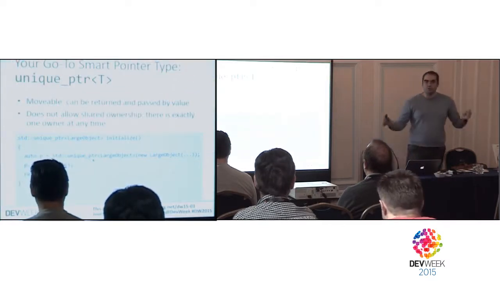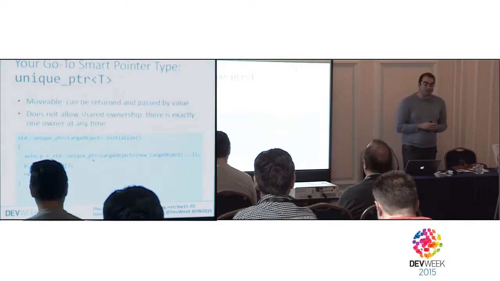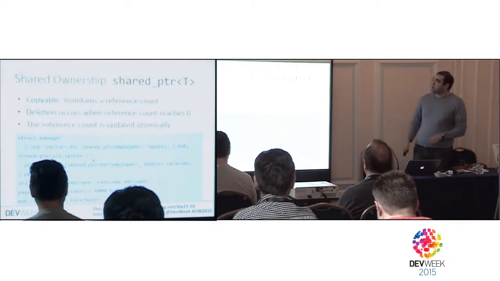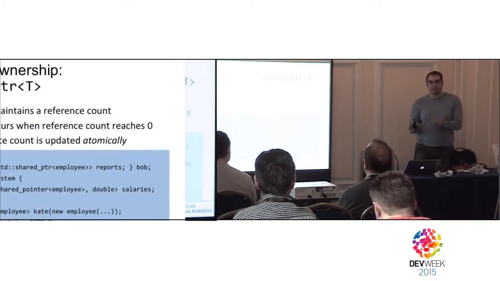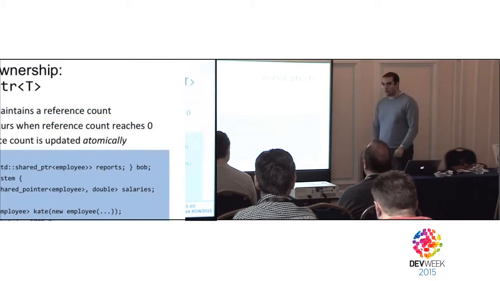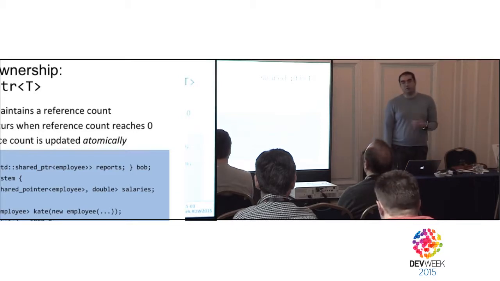If you need multiple places in your program sharing ownership of one piece of memory, of one resource at a time. And what works in that case is shared pointer. Shared pointer is designed for those 10% of the cases where you do need shared ownership. It has very similar semantics to unique pointer, except it does support copy.